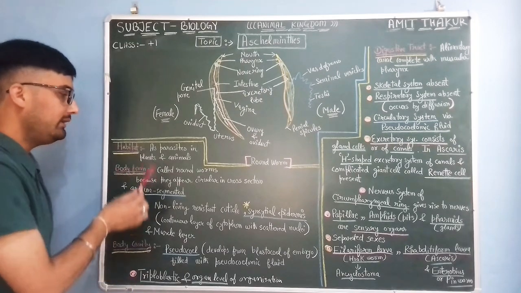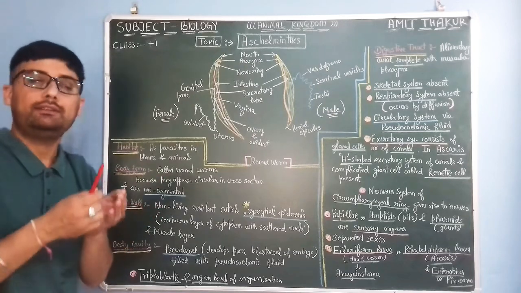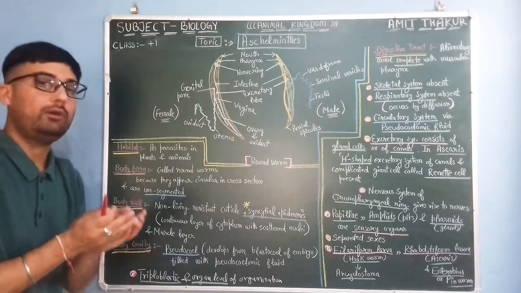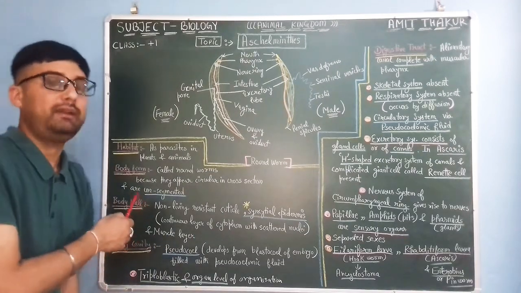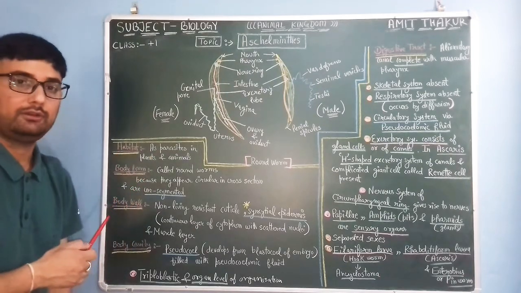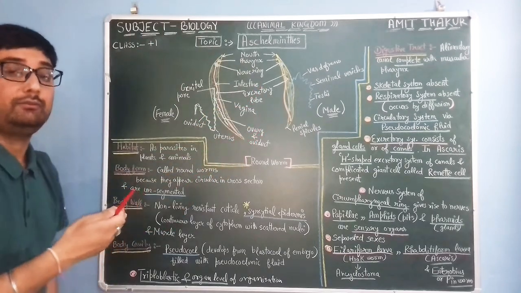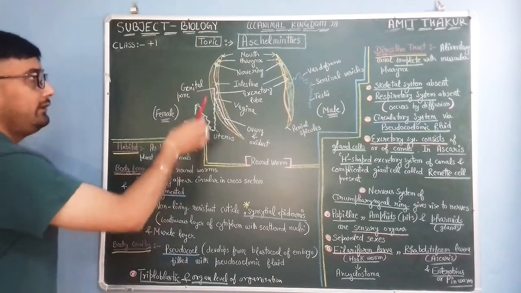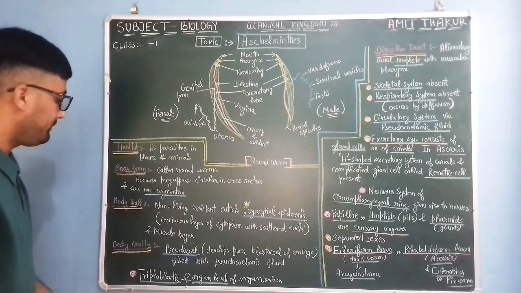Body form, they are called roundworms because they appear circular when we perform a cross section, and they are unsegmented, meaning metamerism is absent in Aschelminthes, which we would discuss in annelids, where segmentation is present, while in Aschelminthes there is an unsegmented body.